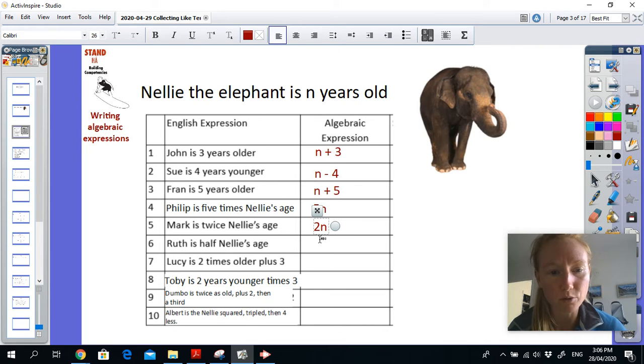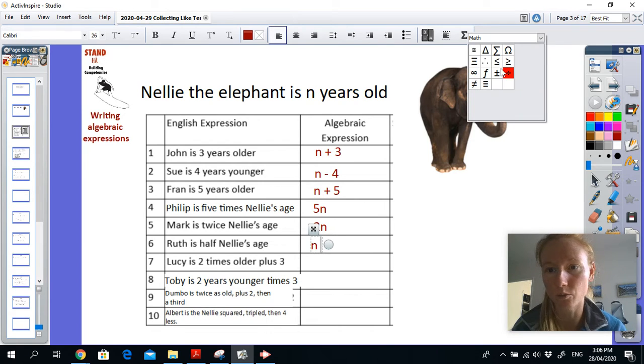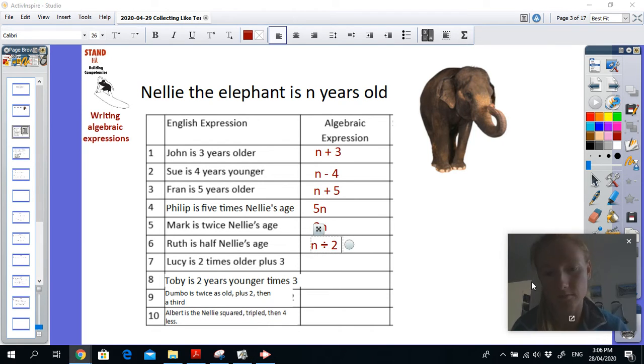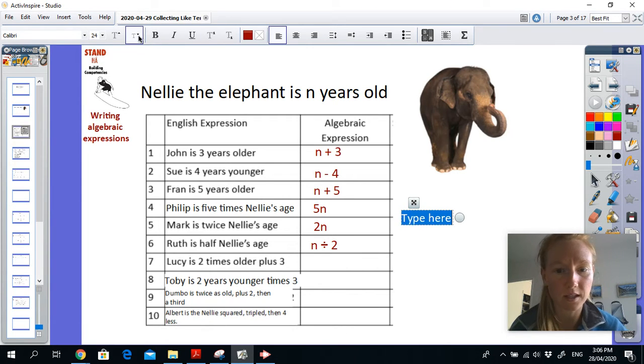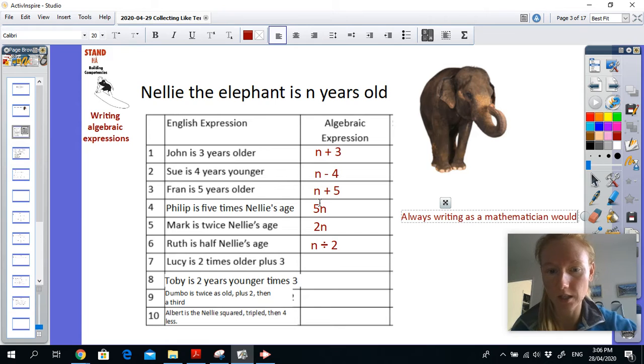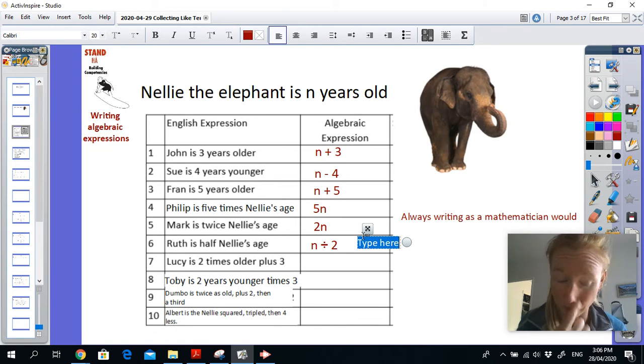Now, number 6, Ruth is half Nellie's age. Now, when we half something, we divide it by 2. So we could use a division. However, I wanted you to think carefully about always writing as a mathematician would. Now, a mathematician wouldn't write n divided by 2, as we've written it there.